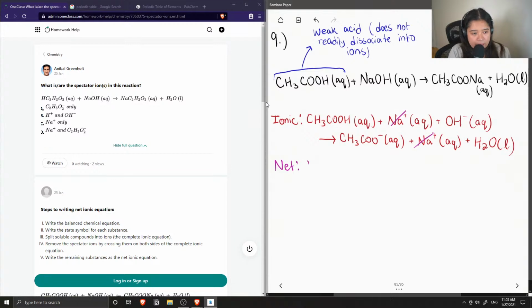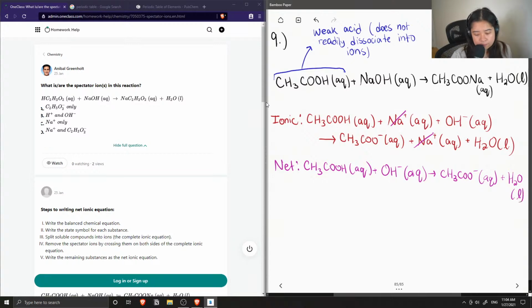And now we can write out our net equation, which is the acetic acid plus OH minus reduces the acetate ion plus water. Okay, so therefore our option is C.